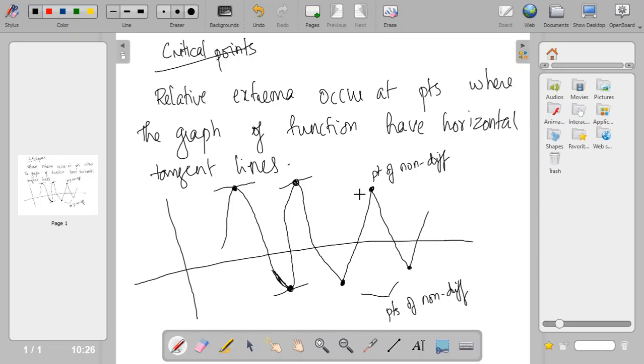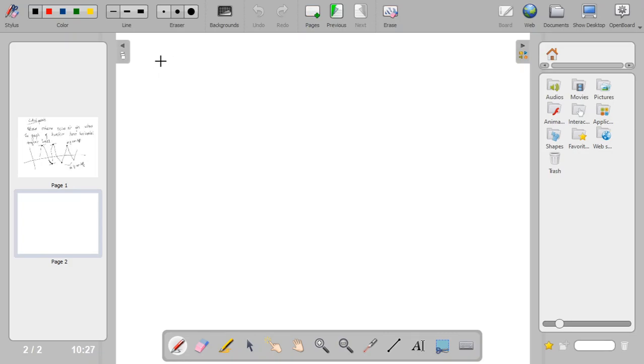From this figure it gives us an idea that a relative extrema can occur at a point where the function is not differentiable.